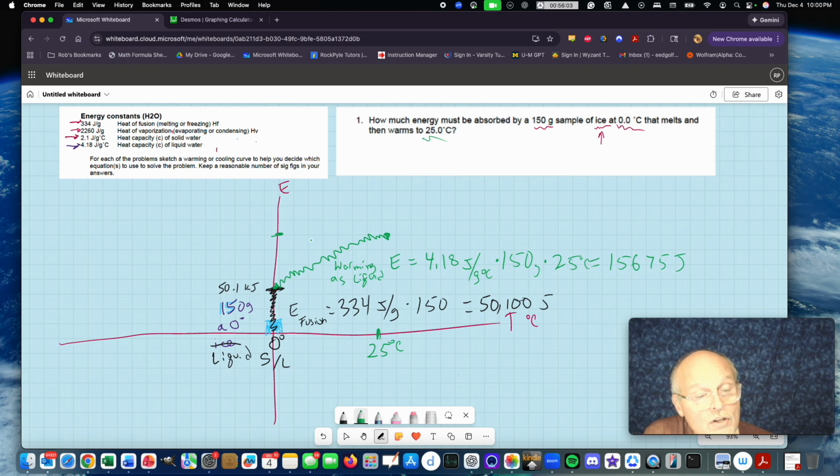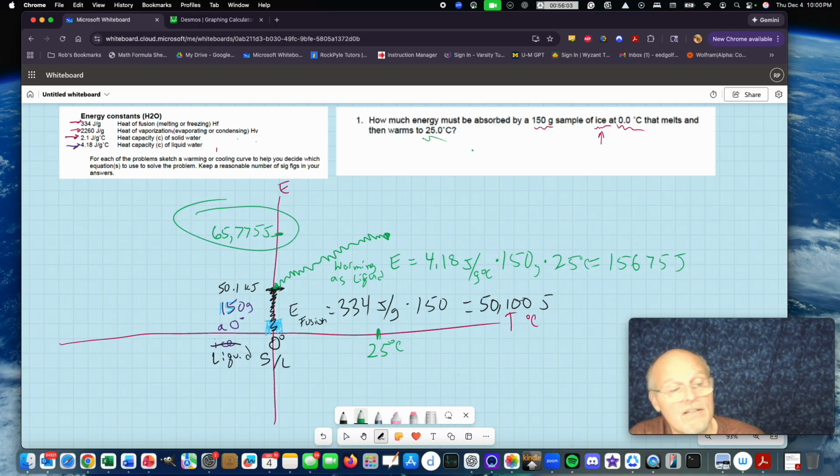So the total to do this entire activity is 65,775 joules, because it has two phases. First, I do the phase change to liquid, and then I warm the liquid. So this is going to be the answer, 65,775 joules.